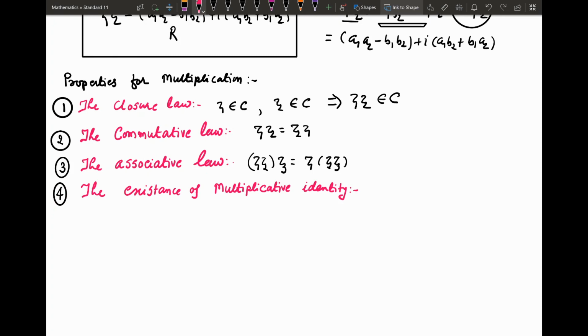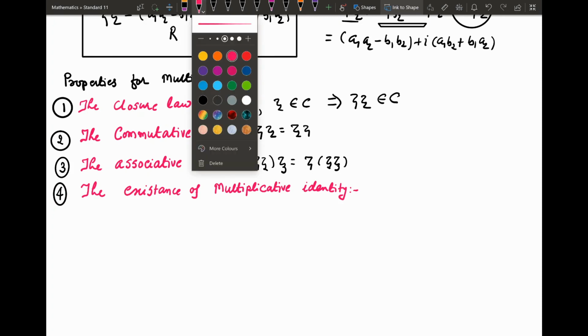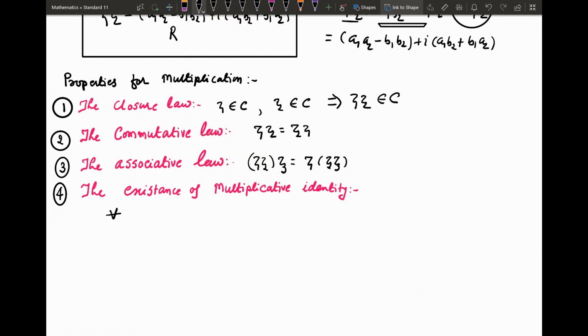According to this property, for each complex number Z belongs to C, there exists 1 belongs to C. Z means x plus iy for any complex number; 1 means 1 plus I into 0.